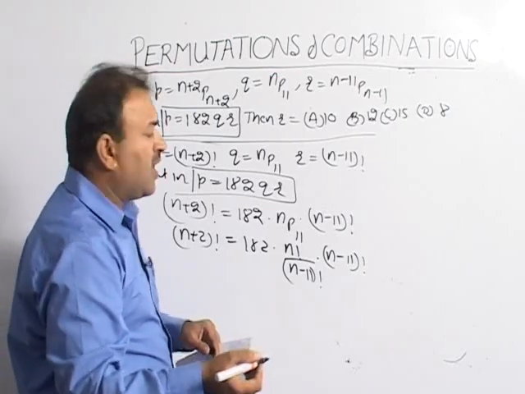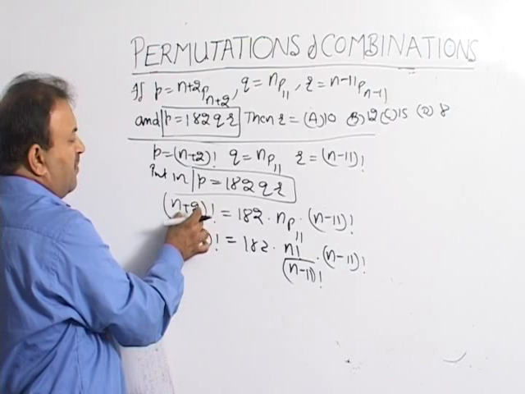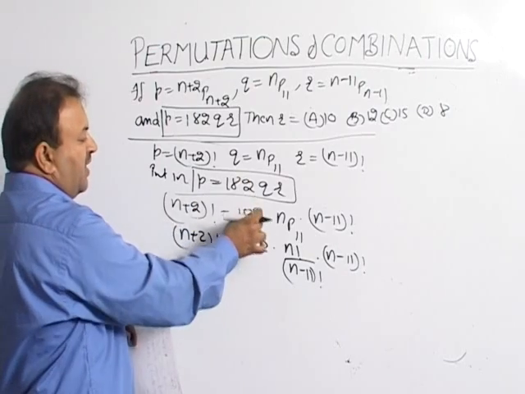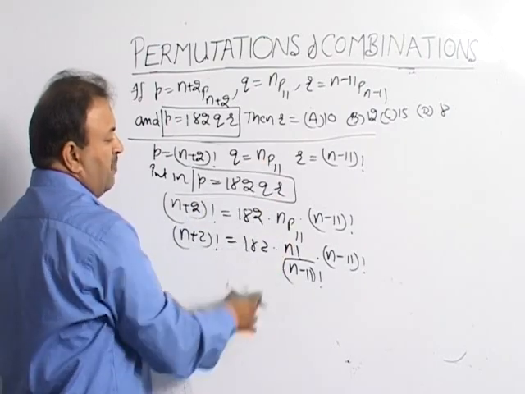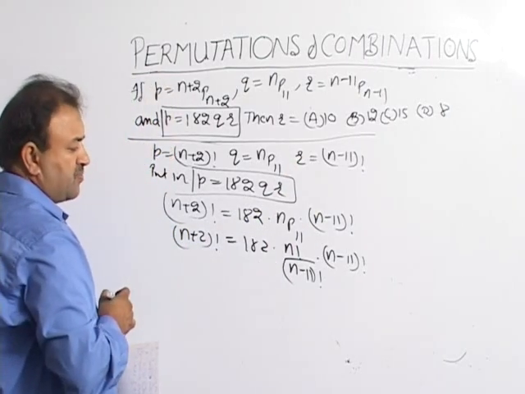We won't be able to start by any other method. हमने क्या किया, P की जगह P वैल्यू पुट कर 182 एज सच, Q की जगह nP11 and R is n minus 11 factorial.